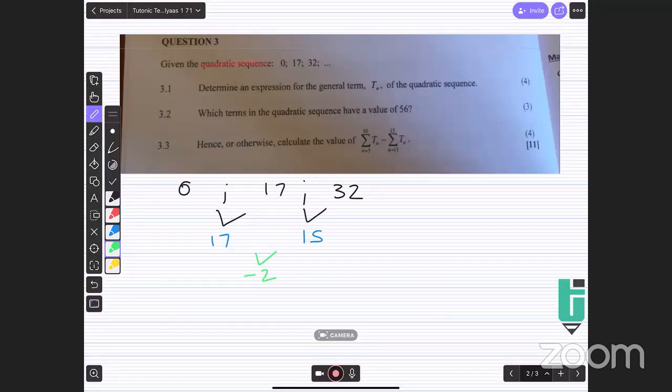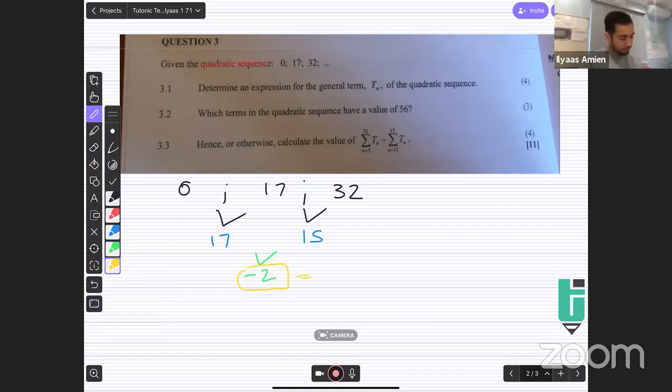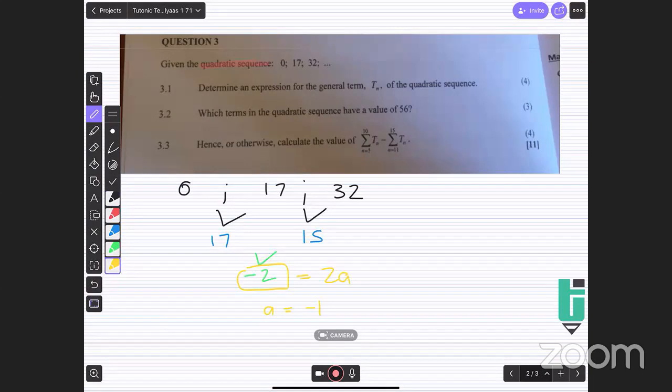Then you say 2a is equal to negative 2, therefore a is equal to negative 1. And then you say 3a plus b equals 17, so you sub in a into the equation, then you get b is equal to 20.